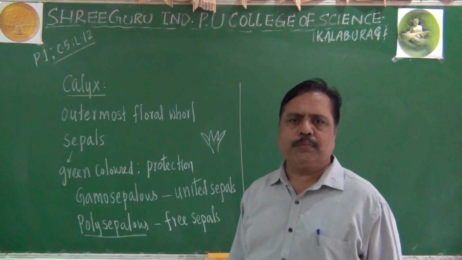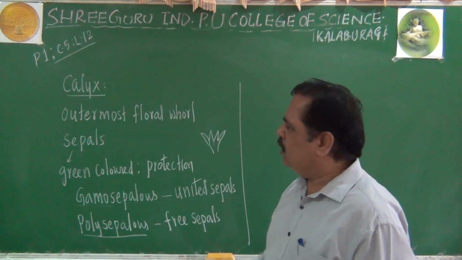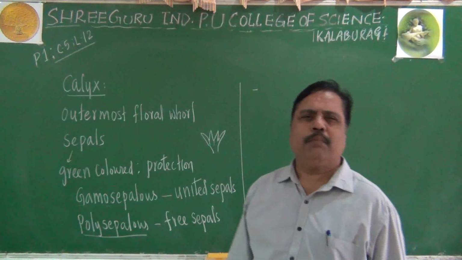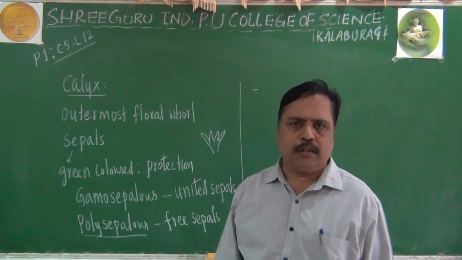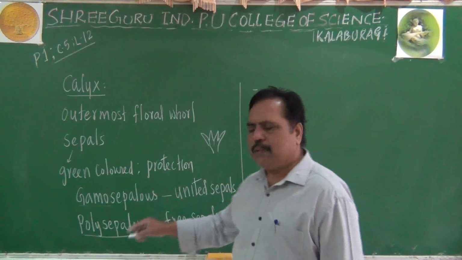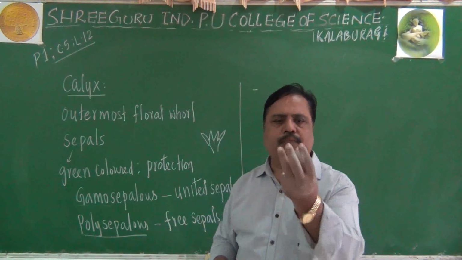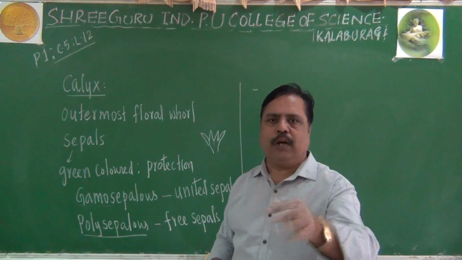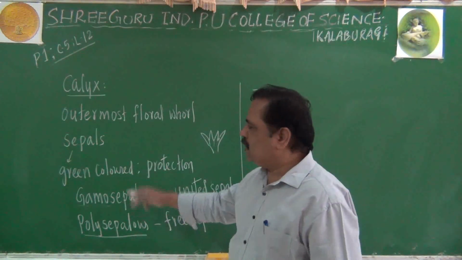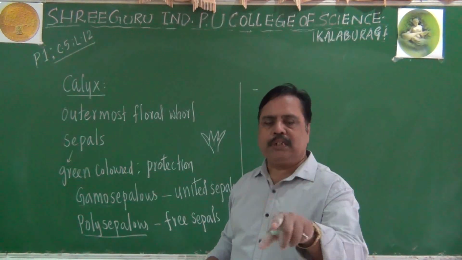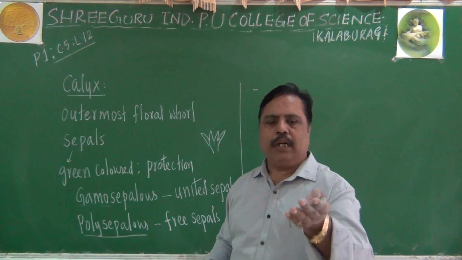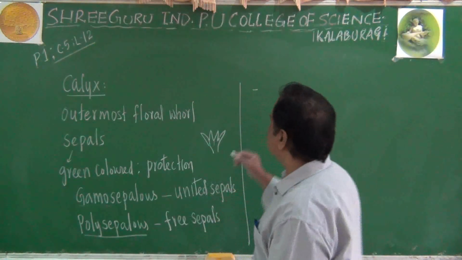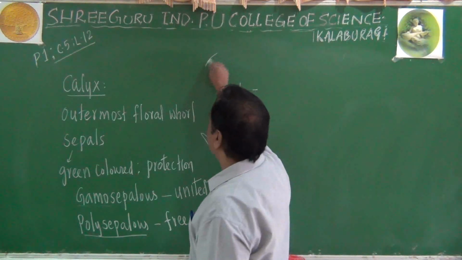Are you getting this point? Similarly, in some cases, sepals will be permanently present also. Usually sepals will wither off when the flower gets fertilized. When the reproduction is over, the sepals will fall down. But in some cases, sepals will be present throughout the lifetime, even after fertilization and fruit formation. Very simple, you know about brinjal.